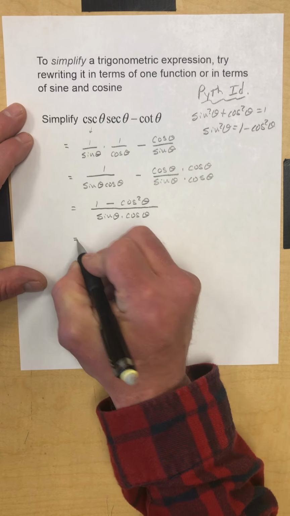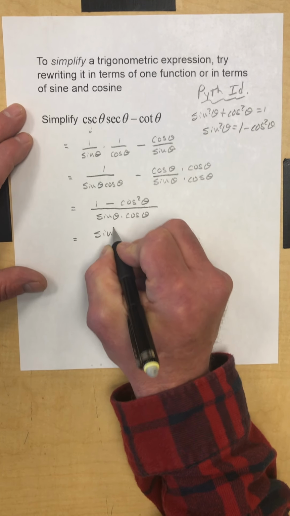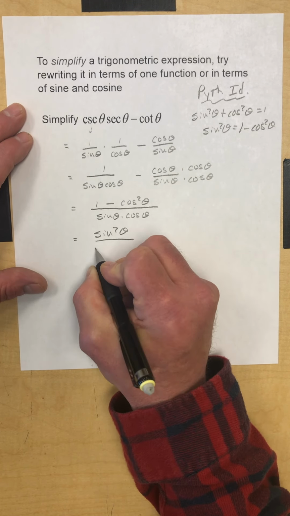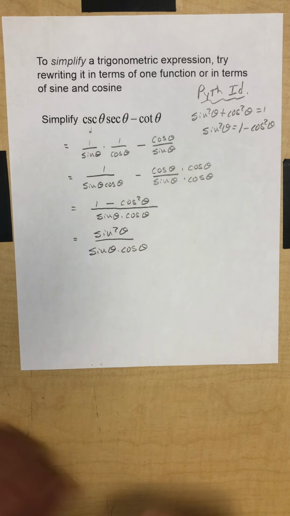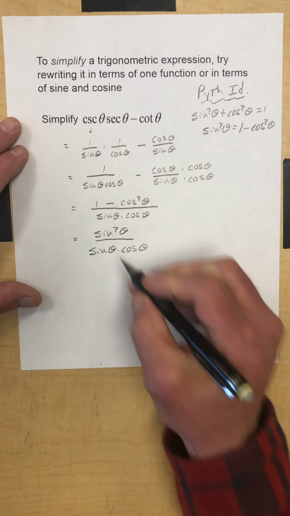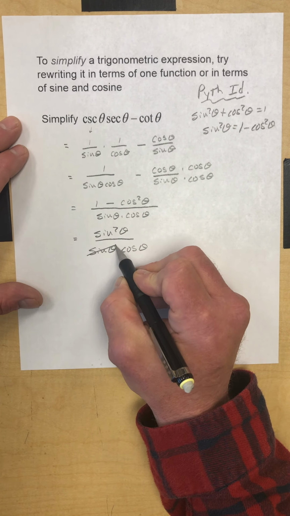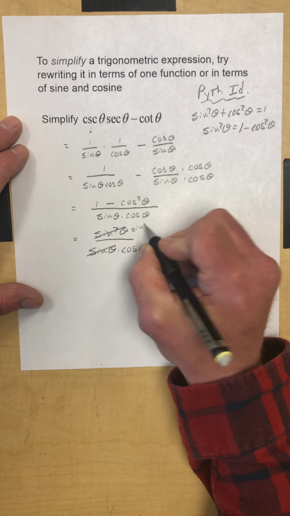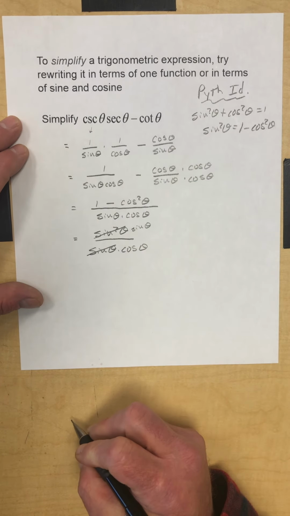So this is the same as sine squared theta over sine theta cosine theta. And notice that I have a common factor of sine in the numerator and the denominator. So if I cancel one down here and cancel one up here, I'm left with one factor of sine of theta up above.